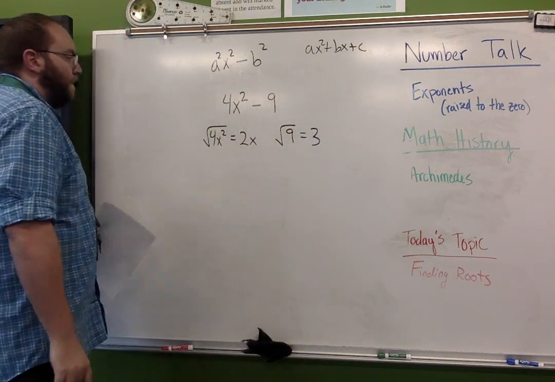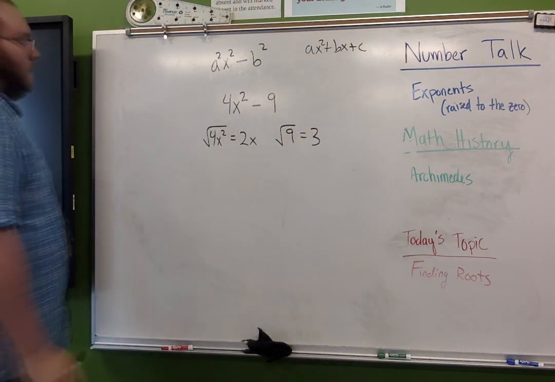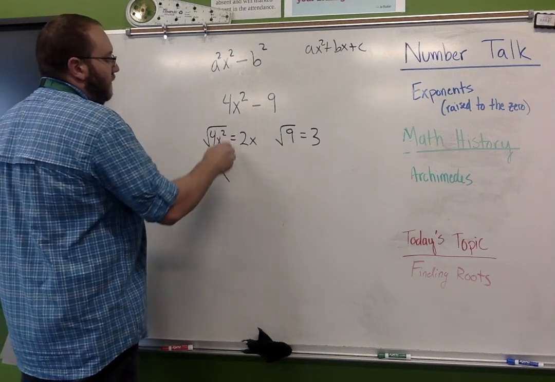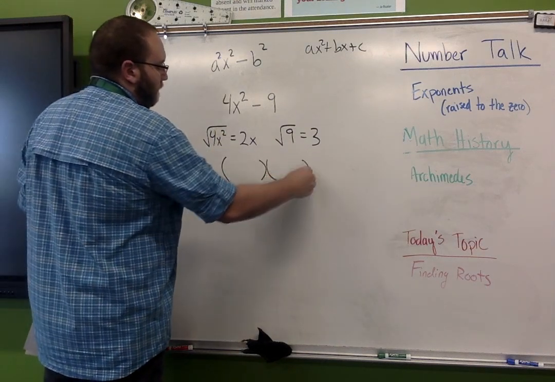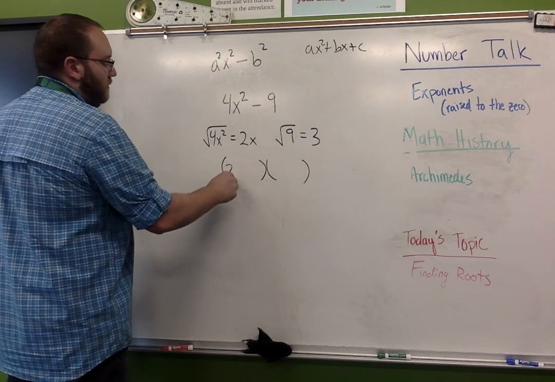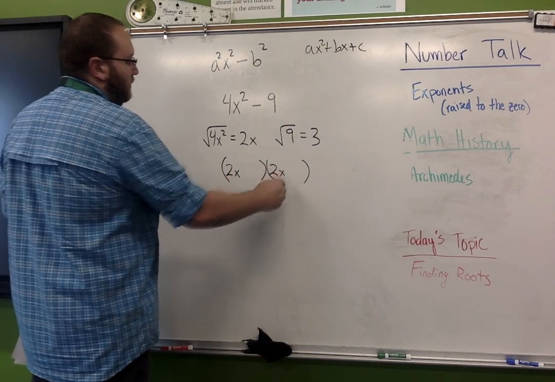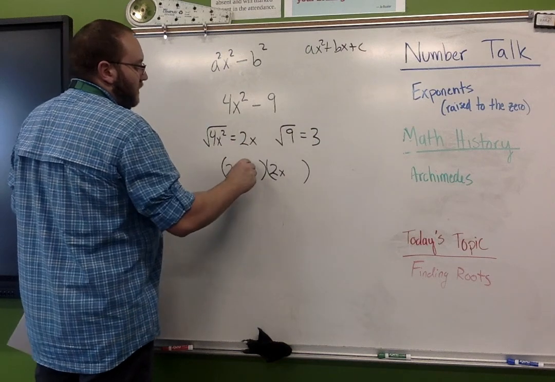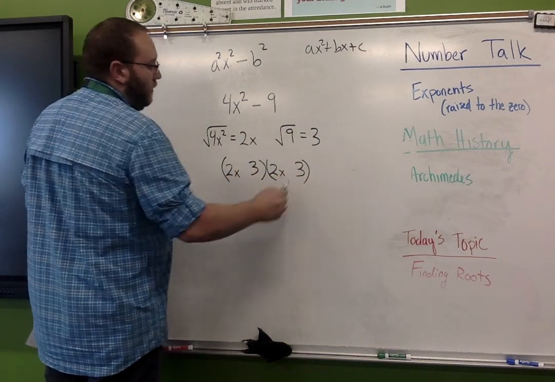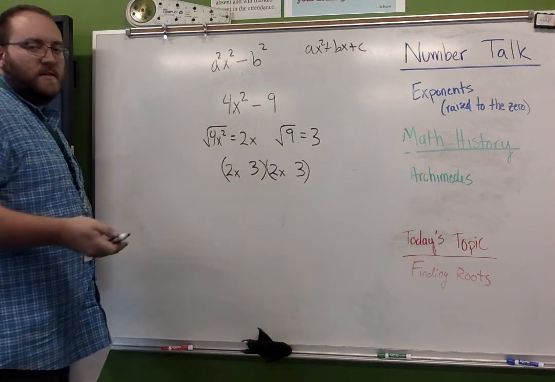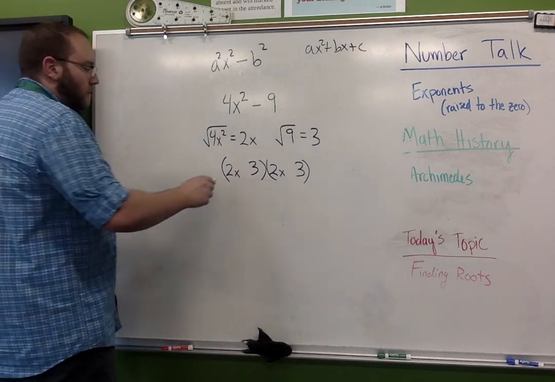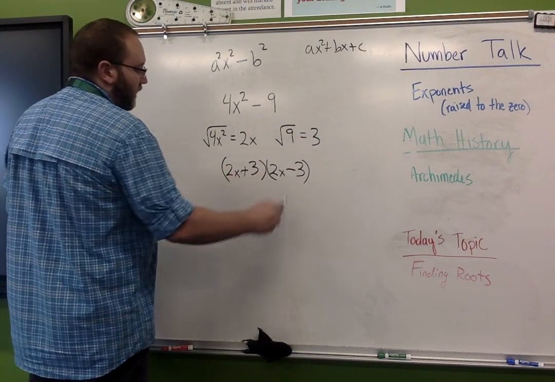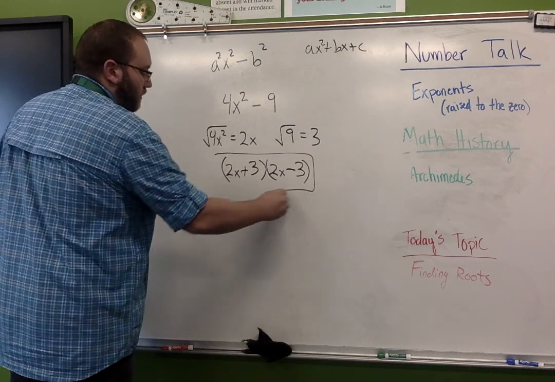Is 3. The square root of the first term is the first term. So 2x, 2x. The square root of the last term is the last term. 3 and 3. And then because it's a difference of squares, we put different signs in the middle. Plus, minus. Done.